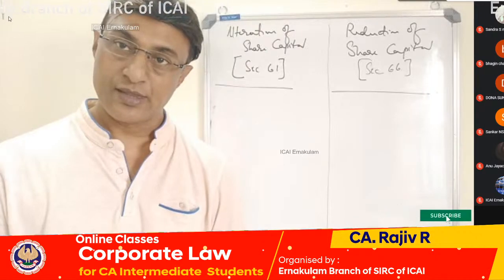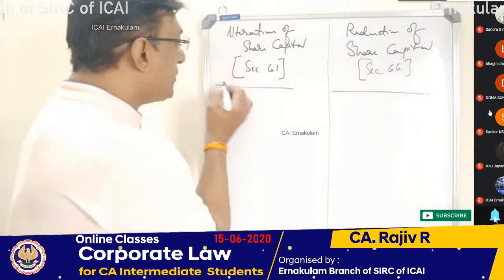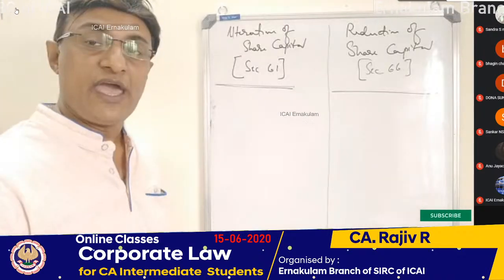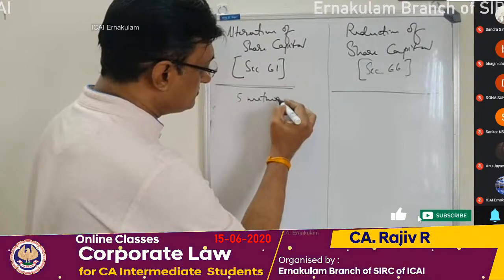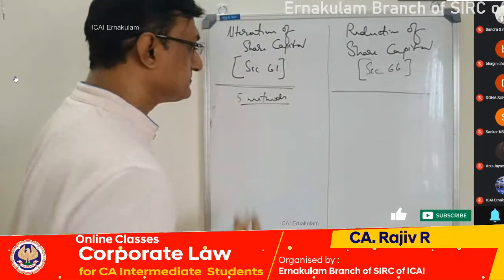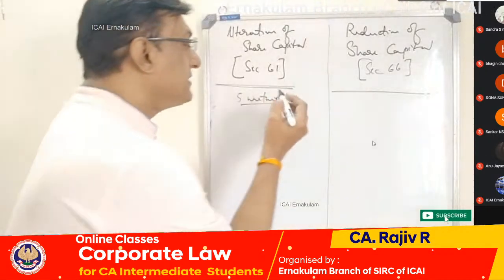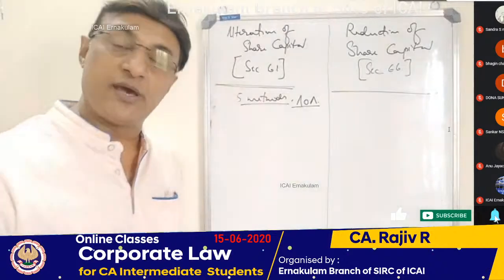Understand it first before you take it down. Section 61 allows a company to alter its share capital in 5 methods, provided this is approved by the articles of association.